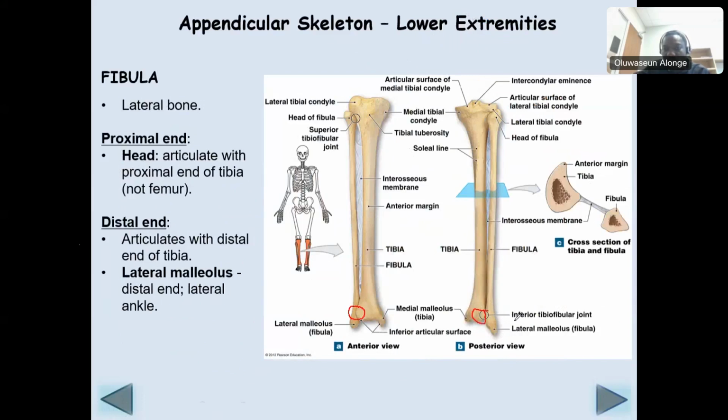And the superior tibio-fibular joint is right there. So proximally, it makes the superior tibio-fibular joint with the tibia, and the inferior tibio-fibular joint distally. Then it articulates with the distal end of the tibia, the lateral malleolus, the distal end, the lateral ankle. I've talked about that.